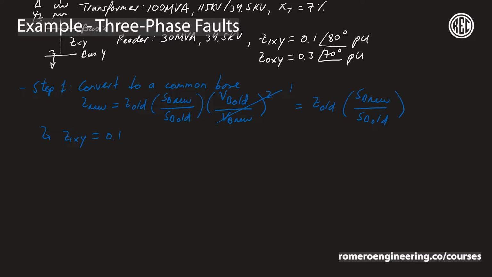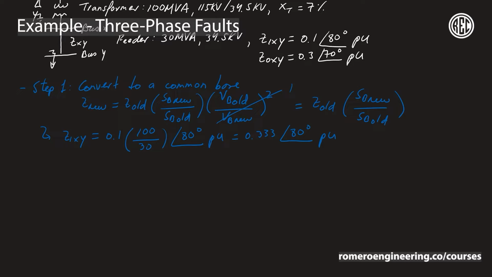So 0.1 times the new base, so we're converting to 100 MVA, over the old base, which is 30 MVA. And this of course is going to be at 80 degrees. So the angle is not going to change, and this is in per unit. So this is equal to 0.333 at an angle of 80 degrees, and this is again in per unit.